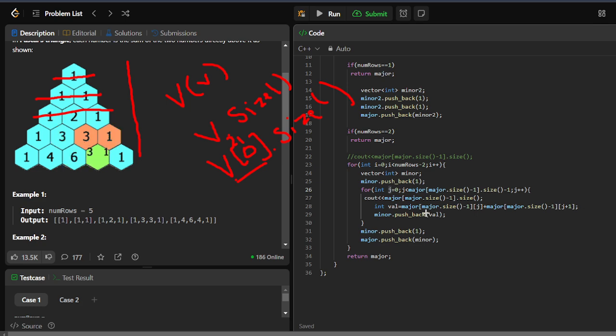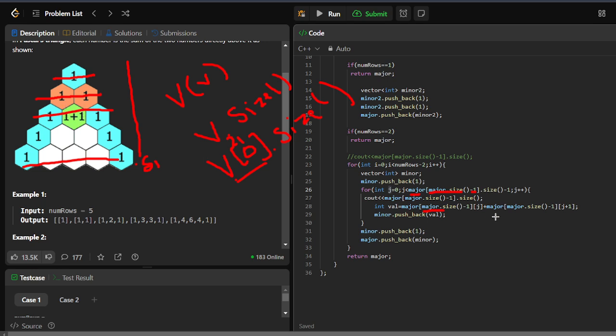How do we find that? We simply take major dot size minus one, which gives the last row index value. And we put that in major, which gives this row, and dot size gives me the size of the last row.